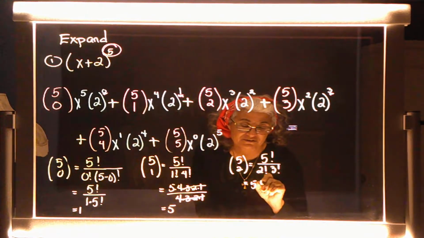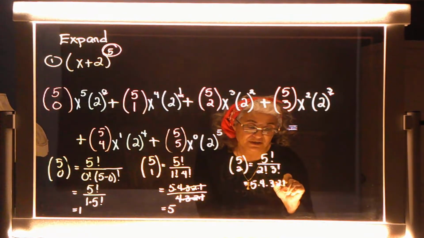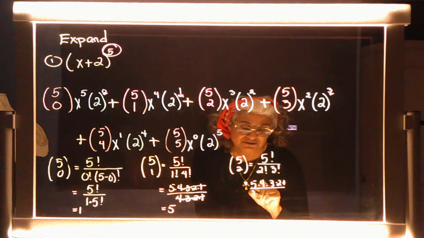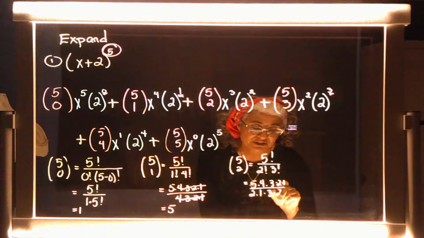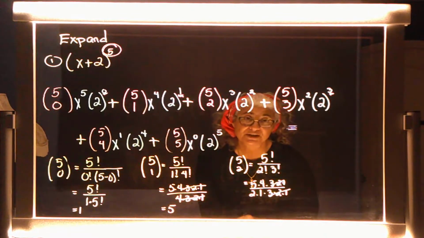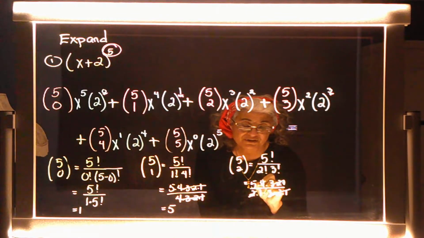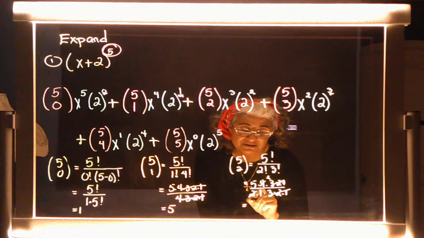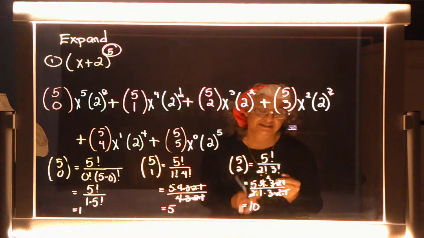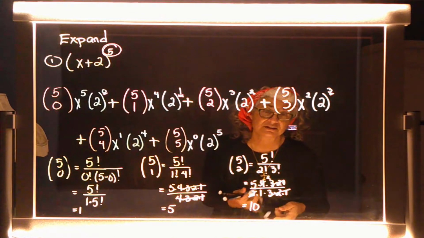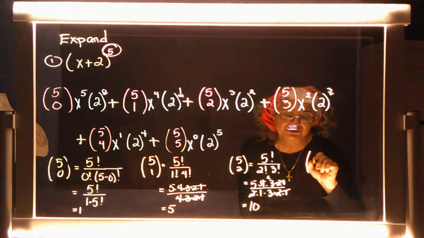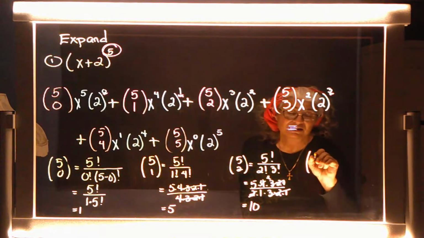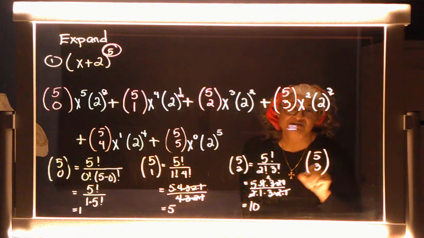So, again, 5, 4, 3, 2, 1. 2 factorial is 2 times 1. 3 factorial is 3, 2, 1, and they cancel, don't they? The 2 goes into the 4 twice, so you have 5 times 2, which is 10. Excellent. How are we doing? You getting the hang of canceling these guys? Yeah, it's quicker for you to do it by hand than the calculator sometimes.